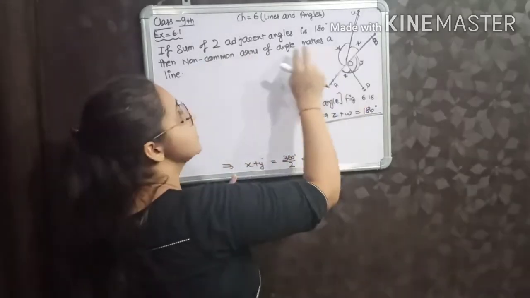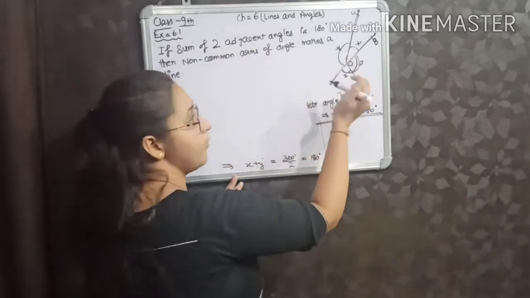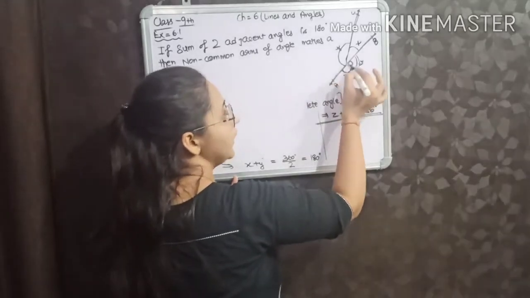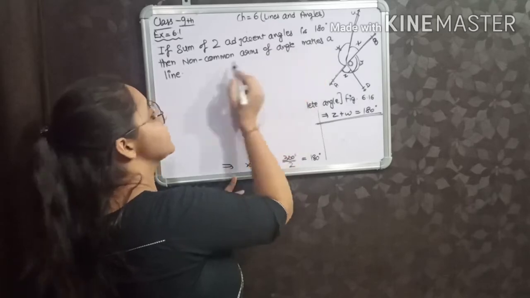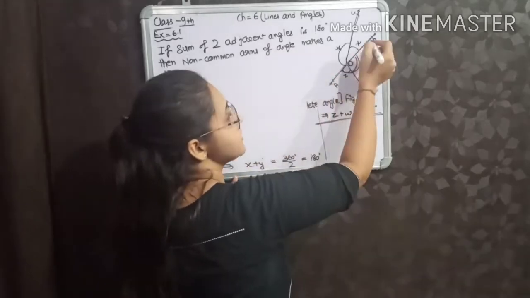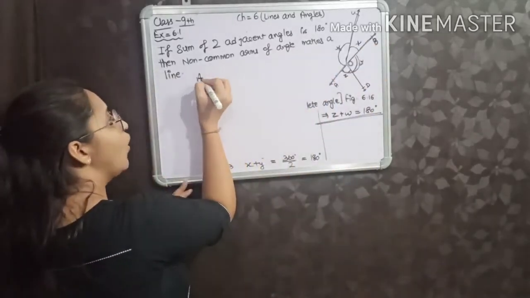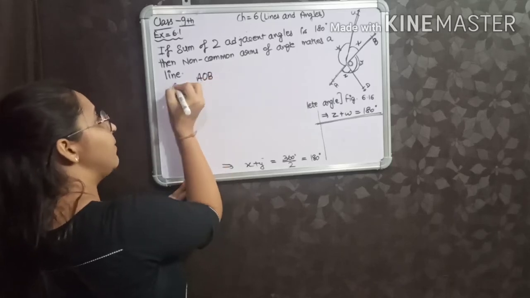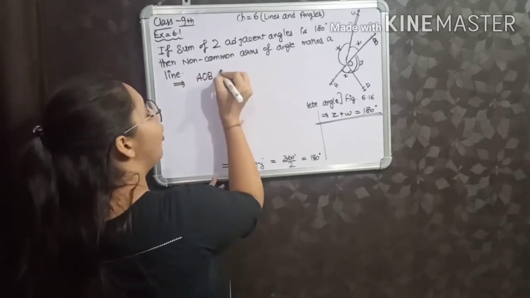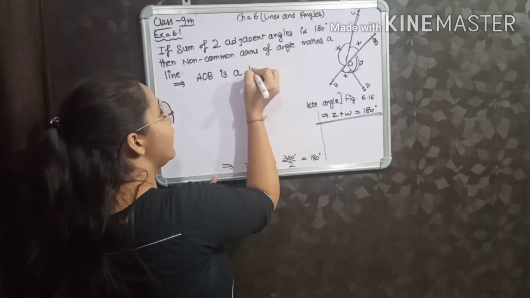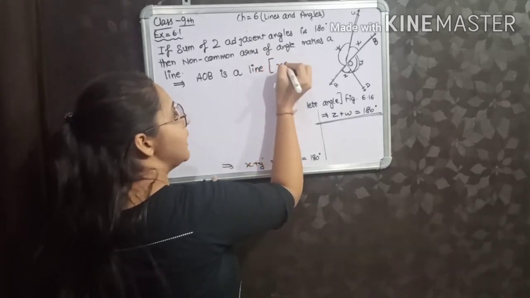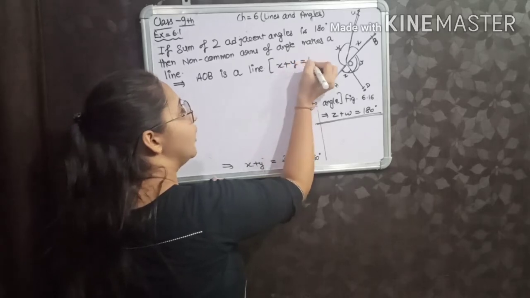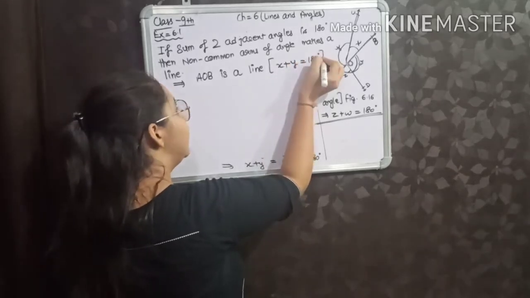In this case, the non-common arms are OA and OB, and the non-common arms of the angles make a line. It means we can say that AOB is a line because x plus y is equal to 180 degrees.